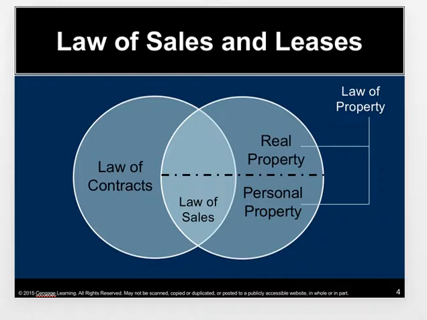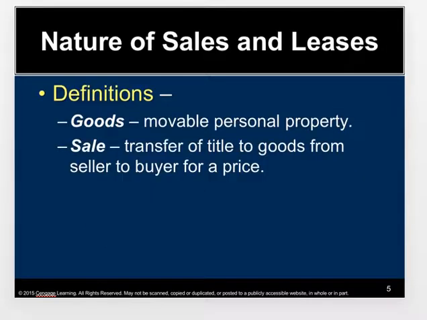These goods, anything that's movable, right, we consider to be personal property. The main difference between real property and personal property is that personal property is movable. Real property is usually building, land, things that are not movable. So when we're talking about goods, really goods are personal property. And so the law of sales really is kind of where the law of personal property and law of contracts intersect. And so that's what this is trying to show here.